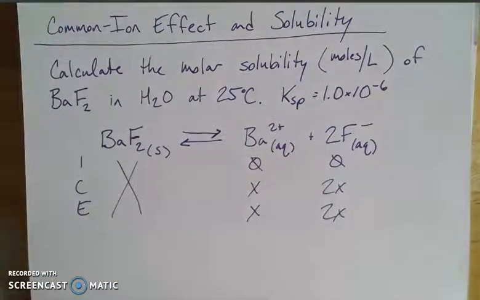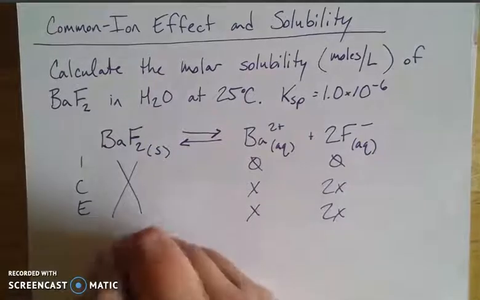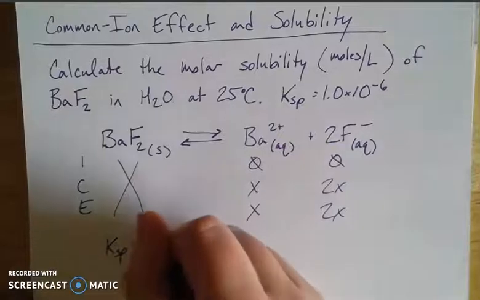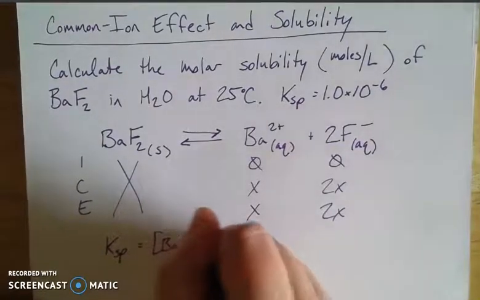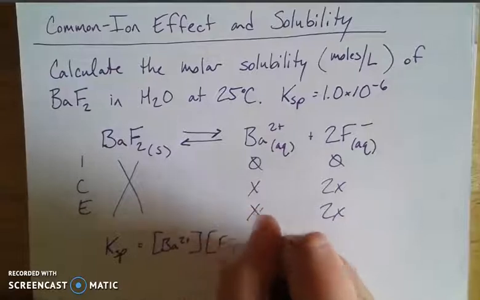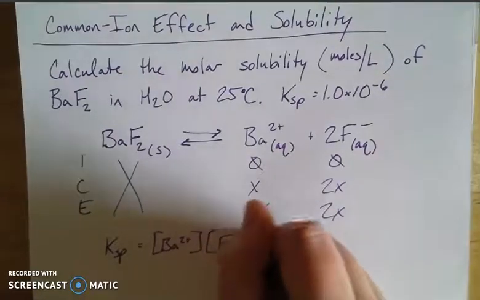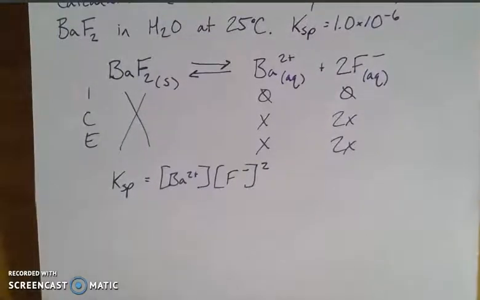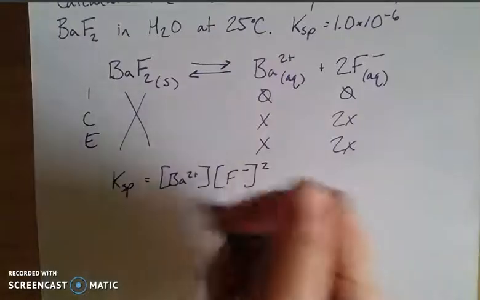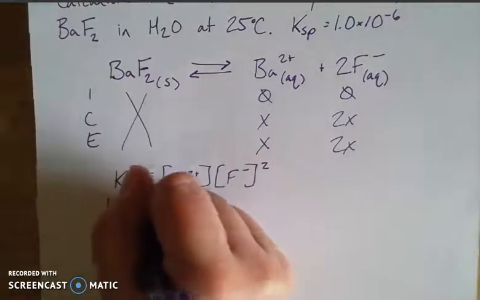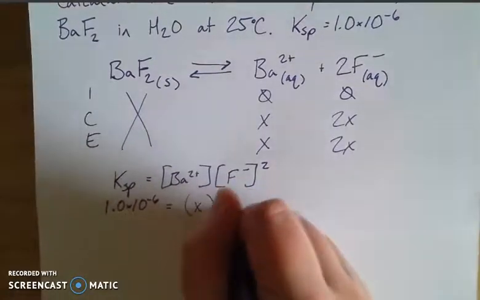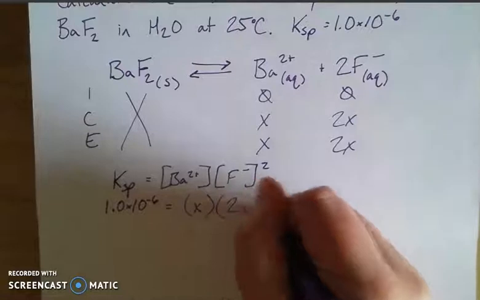All right. So my expression for KSP is going to be equal to the barium ion concentration times my fluoride ion concentration squared. So if we plug in our numbers here, my KSP was given, or lookupable, and that's equal to barium, which is my x, times fluoride, which is my 2x, squared.